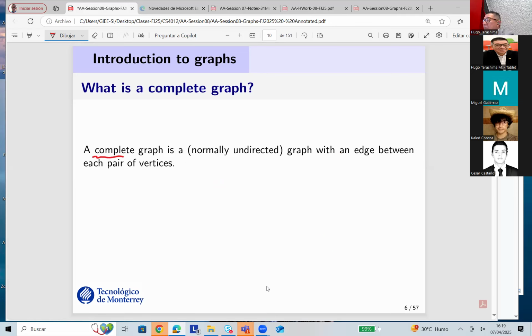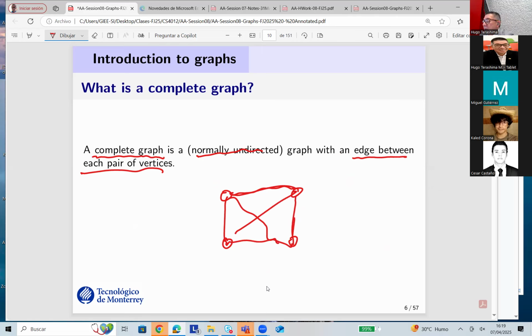And what is a complete graph? Normally, it's an undirected graph with an edge between each pair of vertices, right? So for example, I have this one, and I have connections: this and this, this and this, this and this, this and this, this and this, this and this.